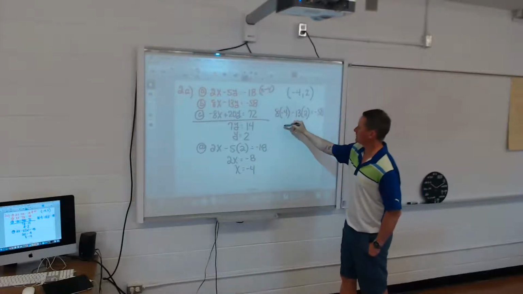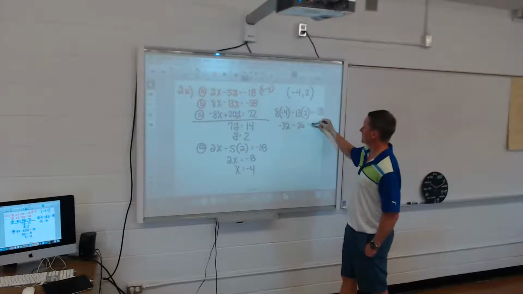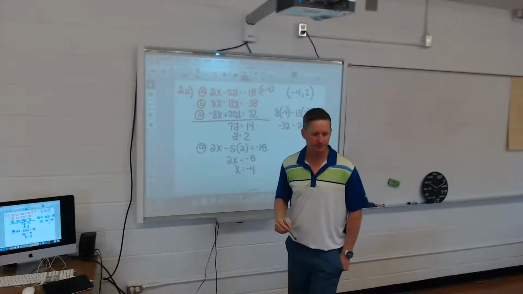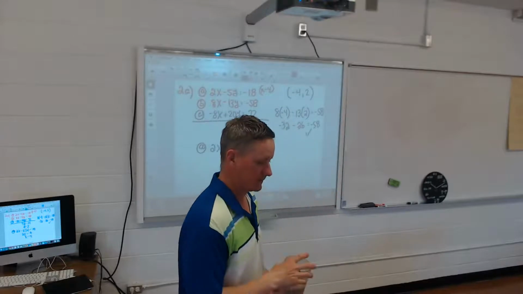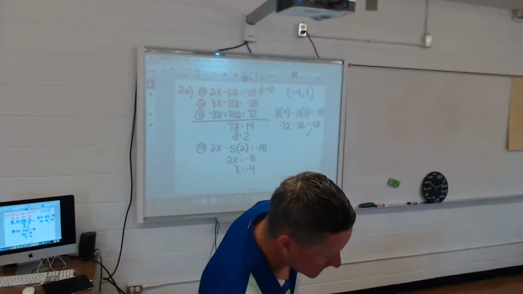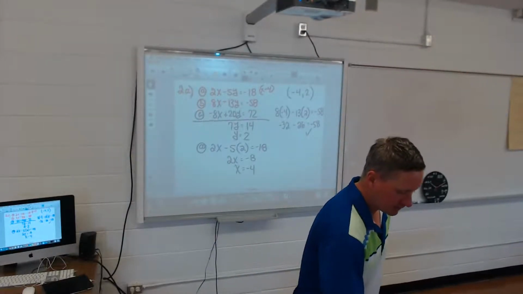So I have minus 32 and minus 26, and that equals minus 58. We've got it right. Okay? Yeah. Sorry. It's okay. Somebody else might have had that question, so it's all right to ask those.